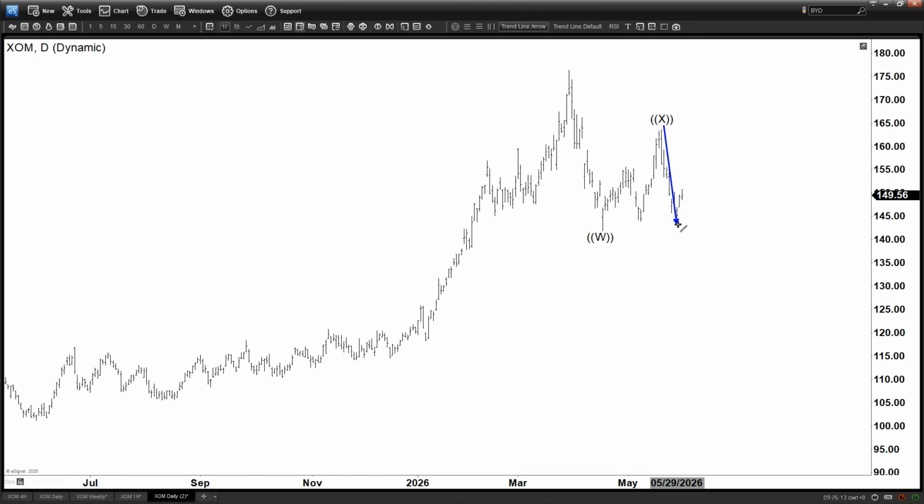This one, it kind of looks impulsive, and also this one is a little bit too deep to be called as a 1-2-1-2, and that's why I think the two most likely possibilities is either we do a double, right, WXY, and then do a bigger correction before the rally resumes, or we do a consolidation in the form of a triangle, and it's gonna go sideways and choppy for the next few weeks, few months, before finally most likely resolving to the upside.